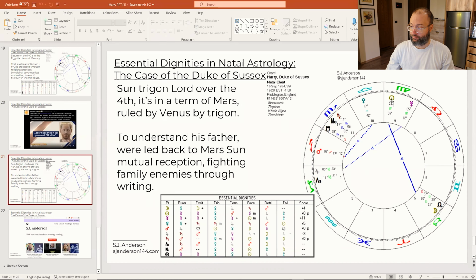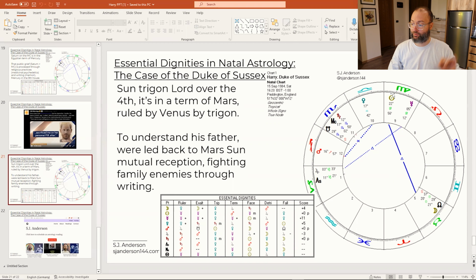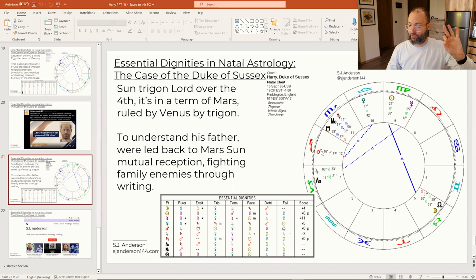So this sun, as representing both all of his parents, but his dad, because the sun represents the father, is ruled by three planets: Mercury by domicile, Venus by triplicity, and Mars by Egyptian terms.